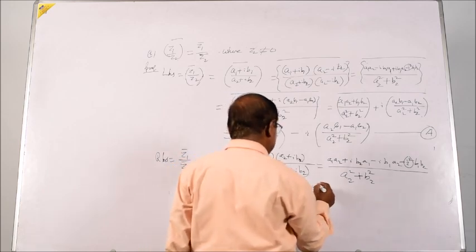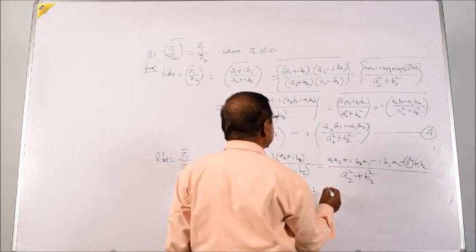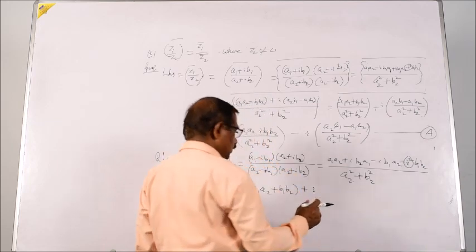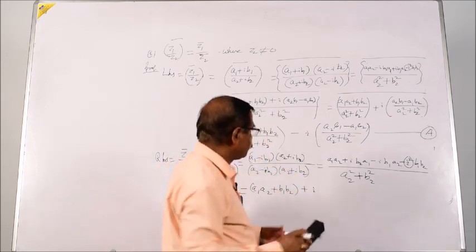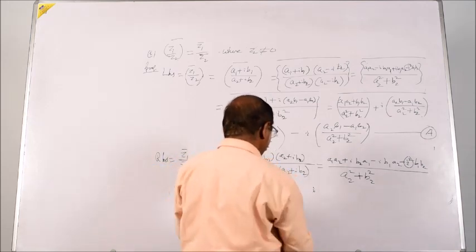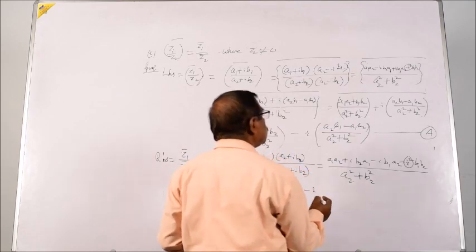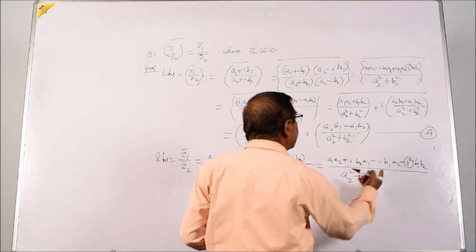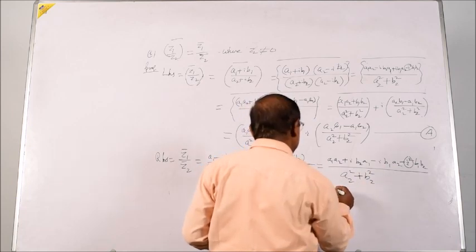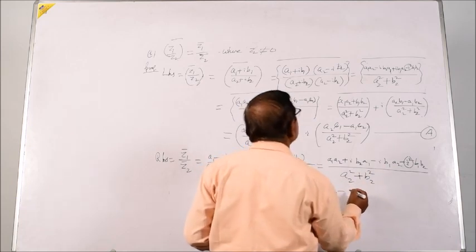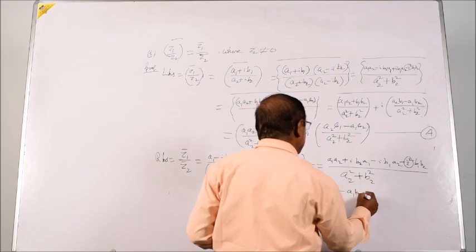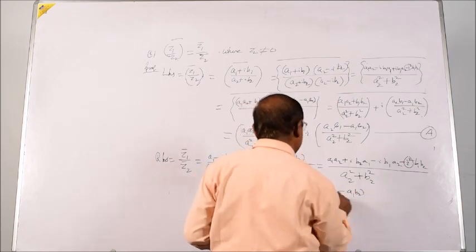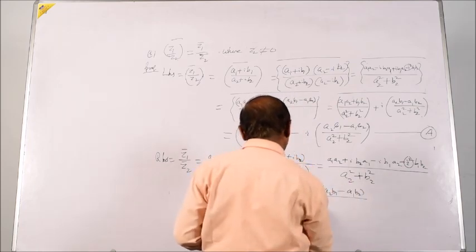Taking i common, you take minus i common here. So, this becomes A2 B1 minus A1 B2, divided by A2 square plus B2 square.